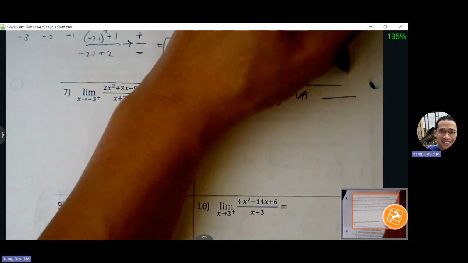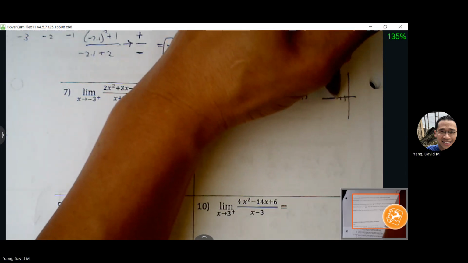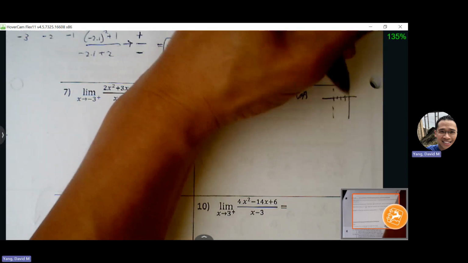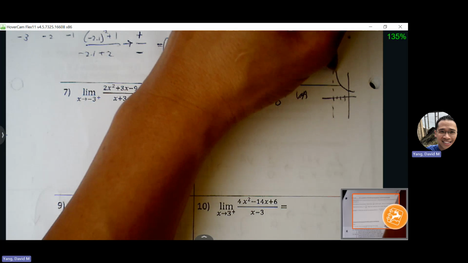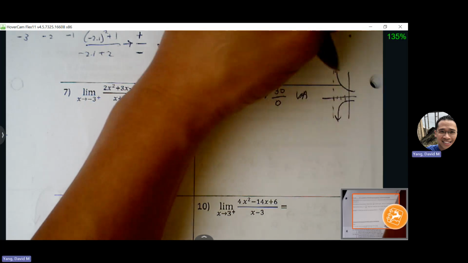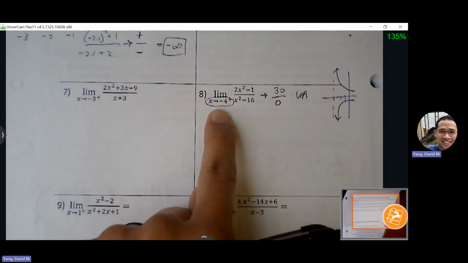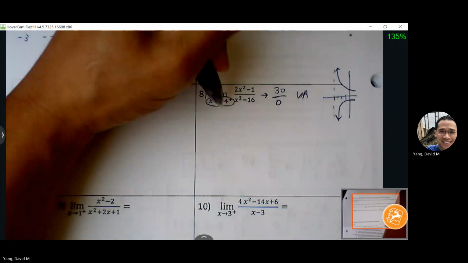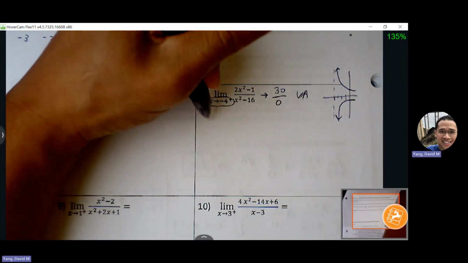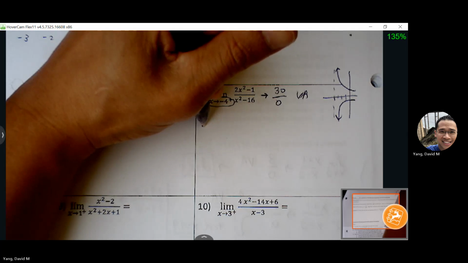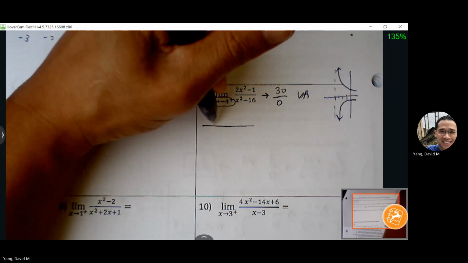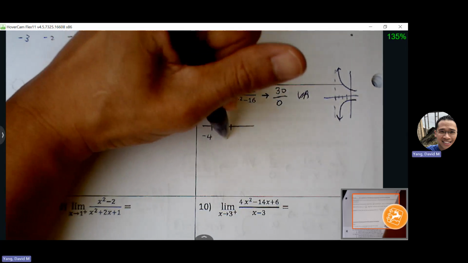So if we're approaching -4 from the right side, there's only 2 options, right? It's either going to go up or it's going to go down. Now that we're down to 2 options here and we're deciding between these 2 options, now we can do what? Test decimals, right? So here's -4, here's -3.